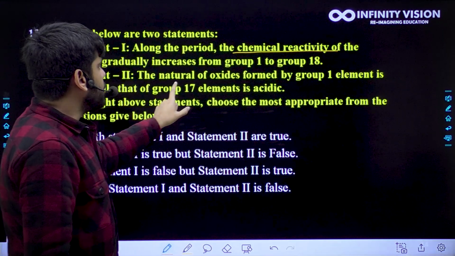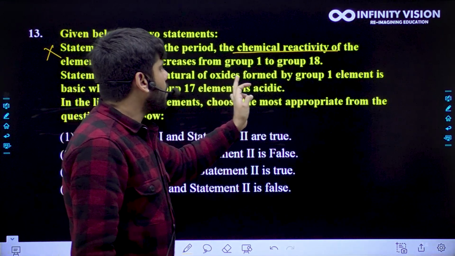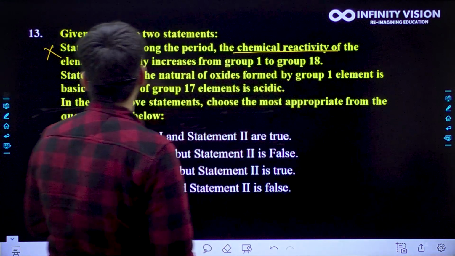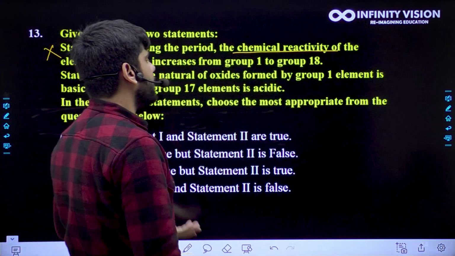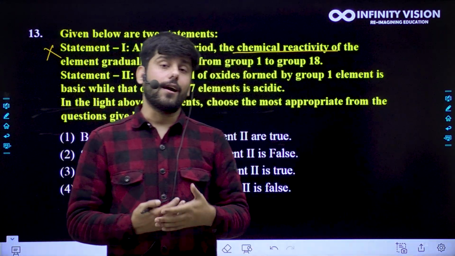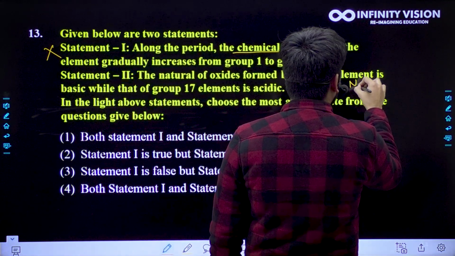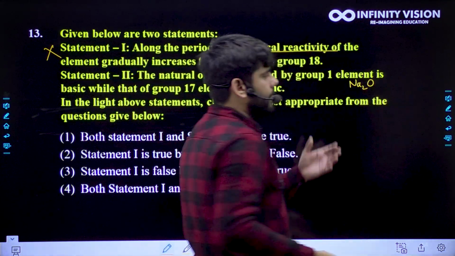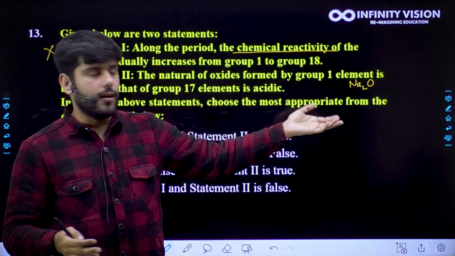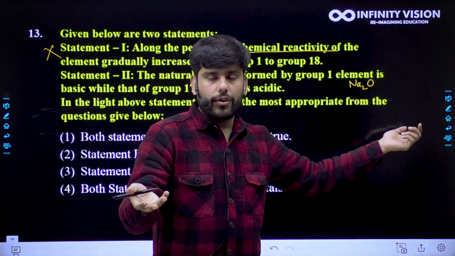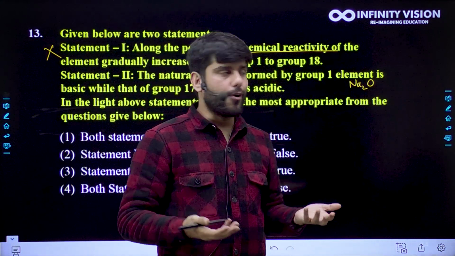Second, the nature of oxides formed by group 1 elements is basic, while that of group 17 elements is acidic. Again, from junior classes. Yes, for group 1, say Na2O, when we write its reaction with water, we get NaOH, which is a strong base.